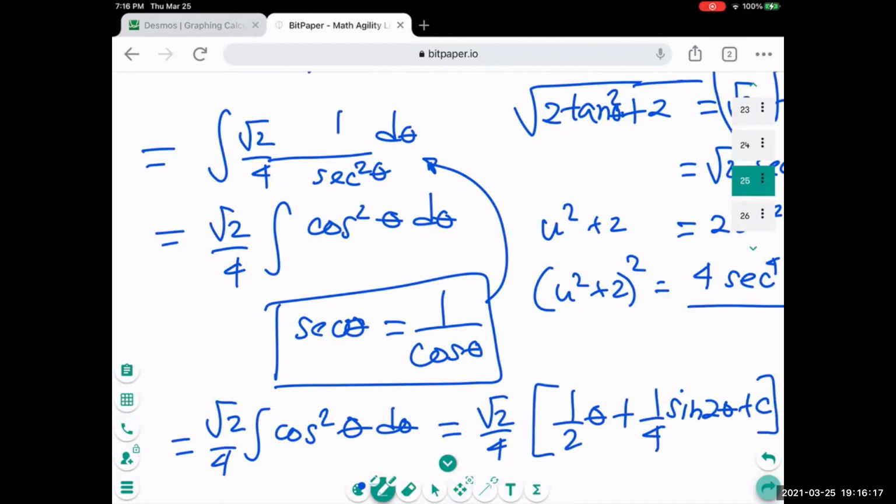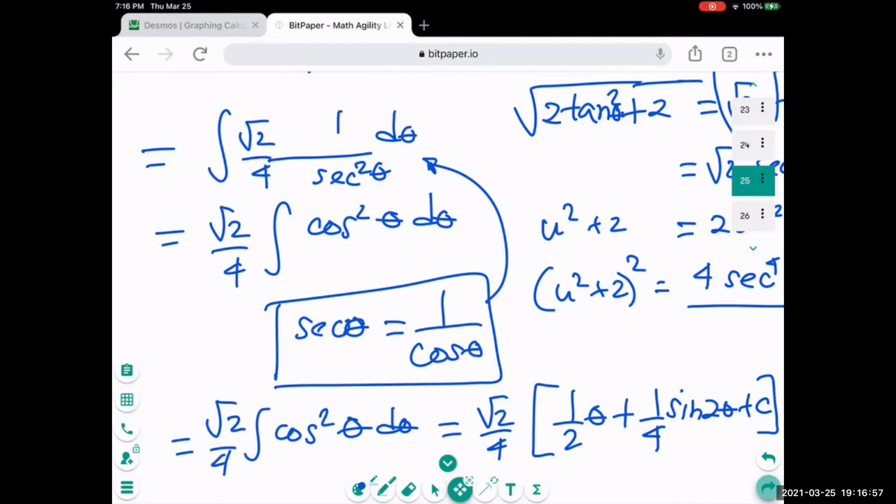right? And what is the equivalent of sine 2 theta in our trigonometry? Sine 2 theta, the double angle formula, is... let's see here. What's our double angle formula? Just give me a second. Yes, so 2 sine theta cosine theta.